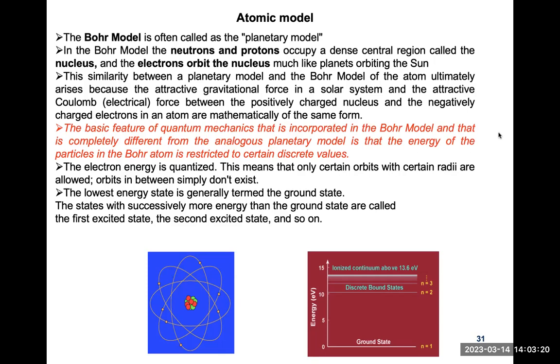So in terms of the atomic model, the credit goes to Niels Bohr, and he came up with this so-called planetary model where the electrons orbit the nucleus, which is composed of neutrons and protons, and these orbits are so-called quantized.